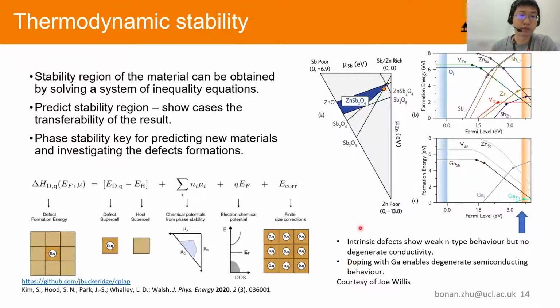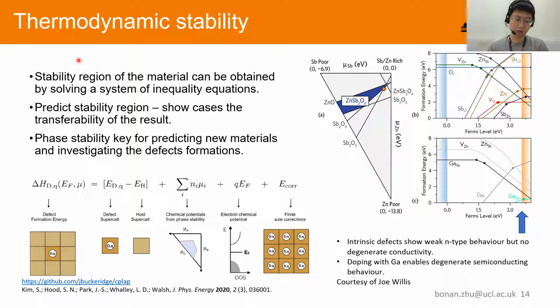The other important thing, for a more material discovery focused workflow, is the thermodynamic stability. Because essentially we have a calculator, it gives the energy, and the energy is quite accurate. So we can do lots of calculations and construct chemical reactions and see whether the reaction is releasing energy or not releasing energy.